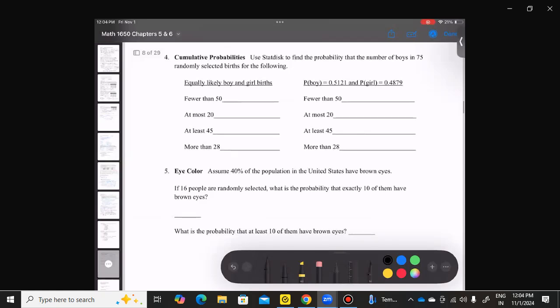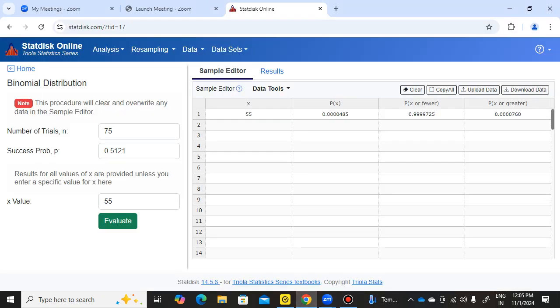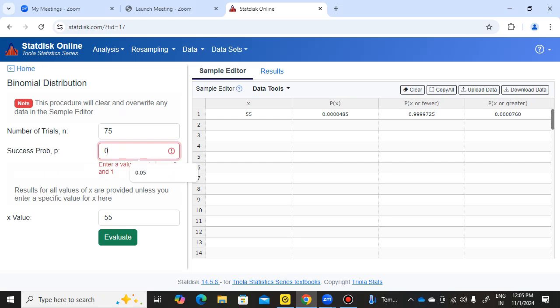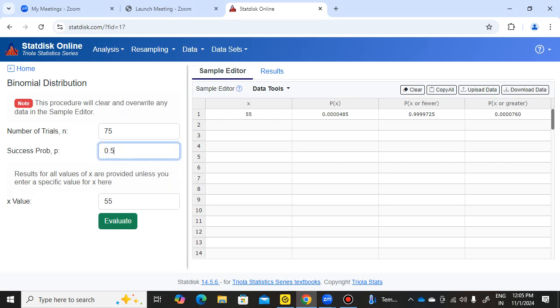Alright, we're going to do kind of the same thing, but now we're going to look at finding probabilities that are fewer than, at most, at least, or more than. So it's a little different because we have to pay attention to exactly what column we are going to need here. So we'll go back to the equally likely, 0.5.